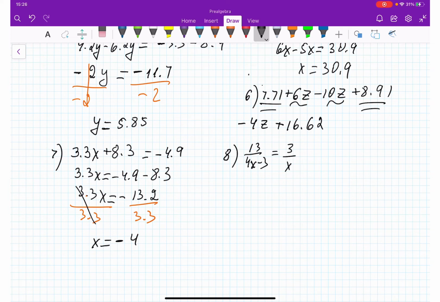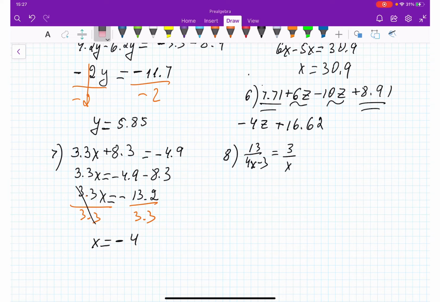Solve the proportion. You can take it as a proportion or you can take it as a fractional equation. It's the same thing, because we have x over 5 as, let's say, 2 over 10. It's a proportion, that's true, but also you can accept it as an equation. Every time we have a proportion, you don't have any additional terms.